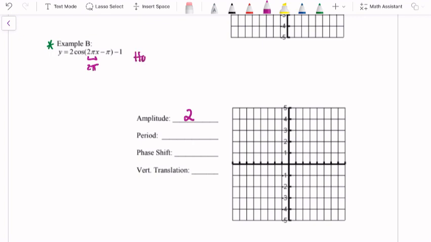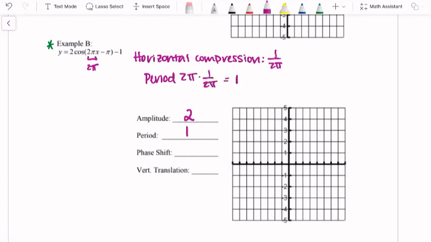So I know I'm really going to have a horizontal compression of 1 over 2 pi. Ooh, that's weird. We haven't seen that before. Okay. So if I want to find my period, I'm going to take 2 pi and multiply by 1 over 2 pi. So our period is actually 1 in this case.